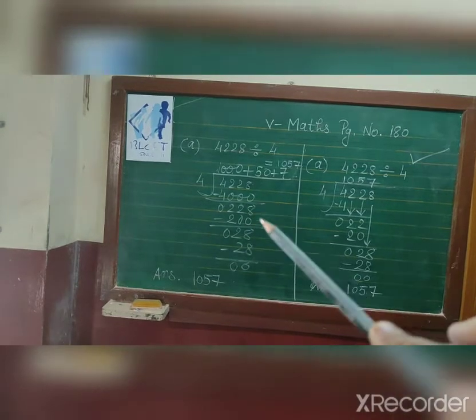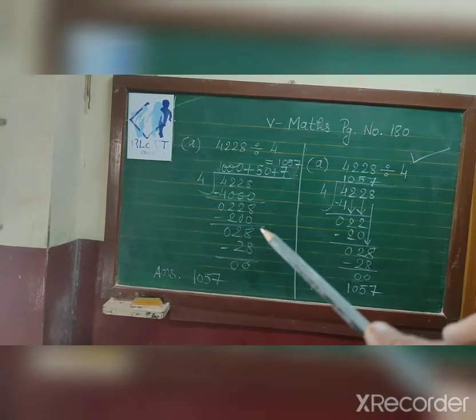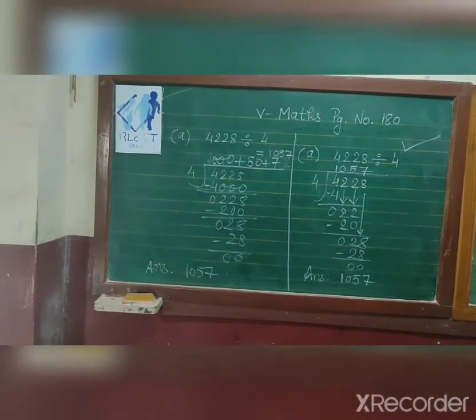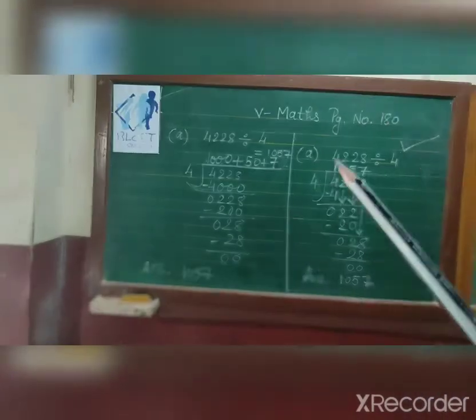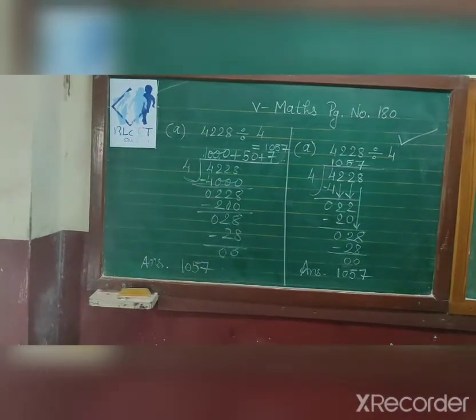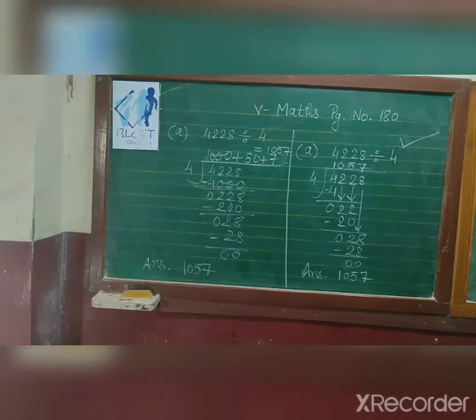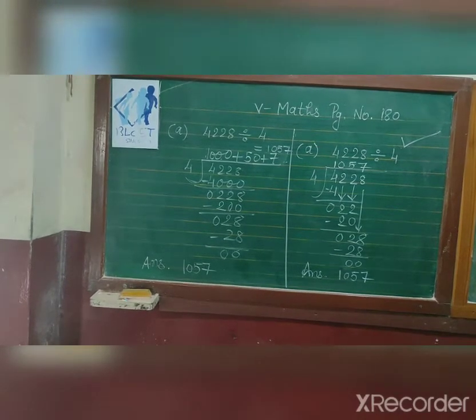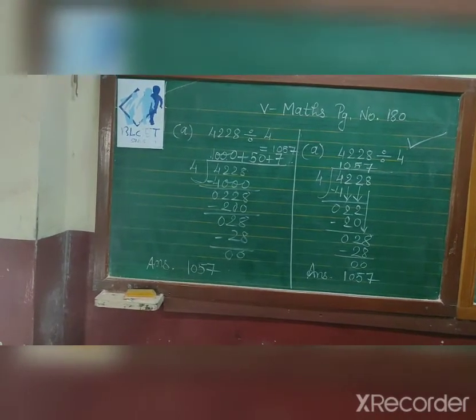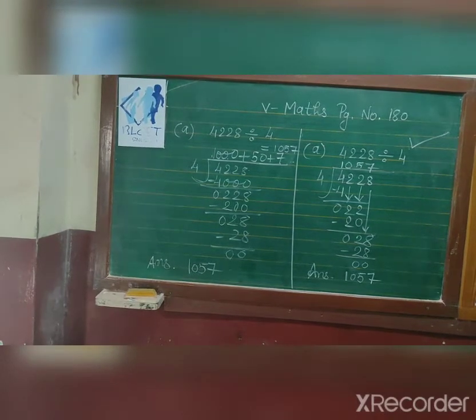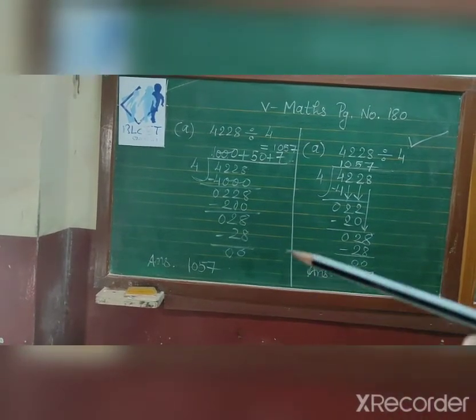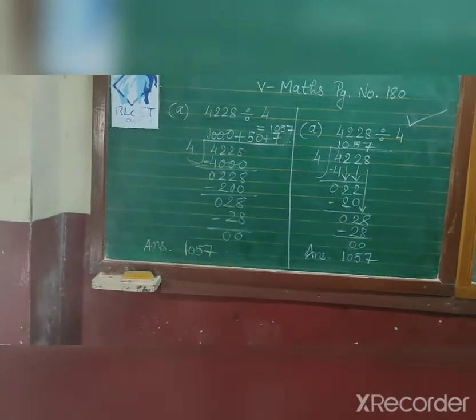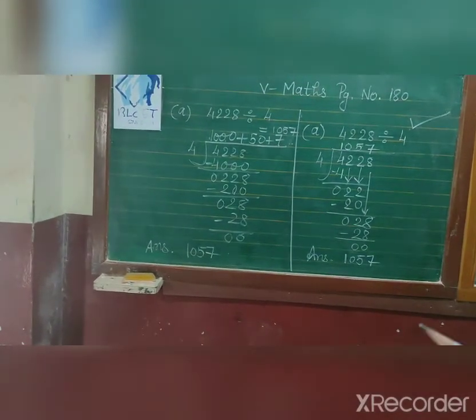So you will multiply in that number so that you get a number equal to 228 or less than 228. That means when you multiply by 100, you immediately get the greater number. 100 fours are 400.